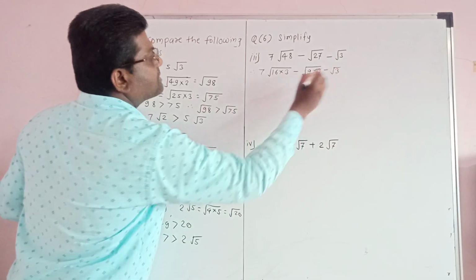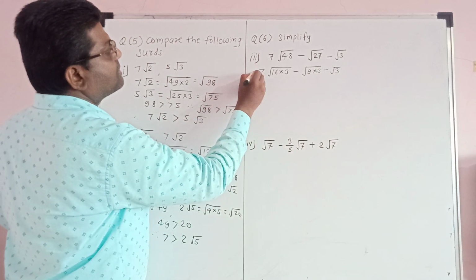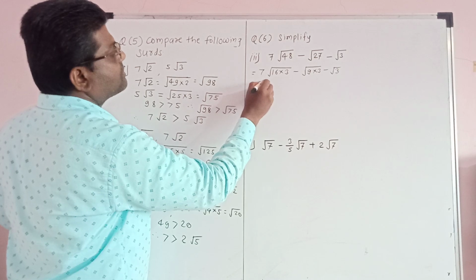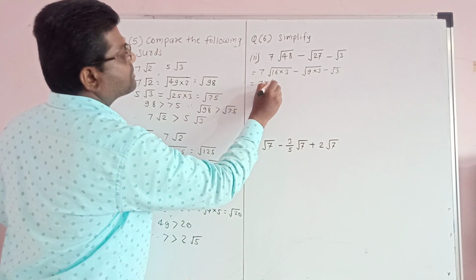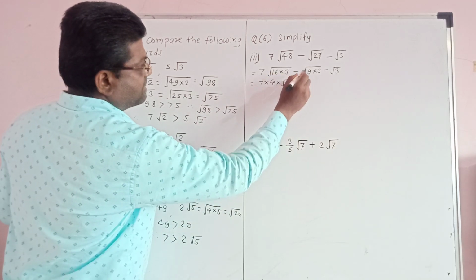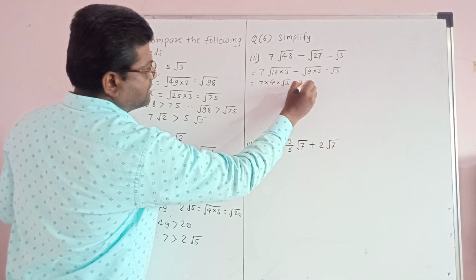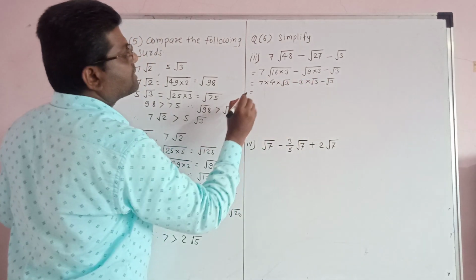That will be equal to 7 into square root of 16, which is 4, into root 3, minus square root of 9, which is 3, into root 3, minus root 3.